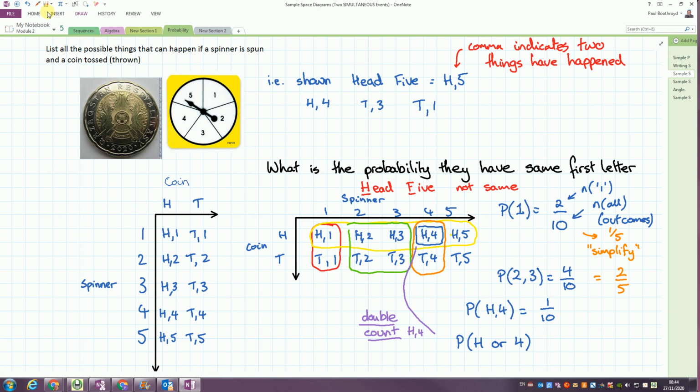We've only got 6 numbers in here, counting 1, 2, 3, 4, 5, 6. We don't normally count things again, so we've only got 6 things out of 10. There are 7 elements we could tick off, but we double count this one, this H4. So this one would simplify to 3/5 again. I keep saying tenths.